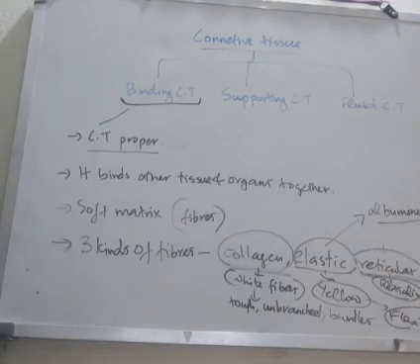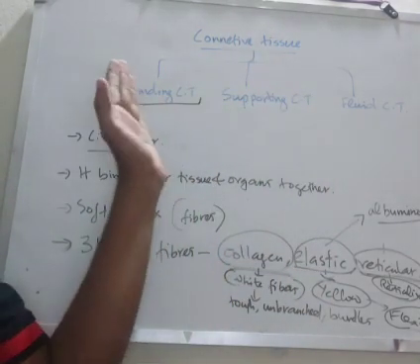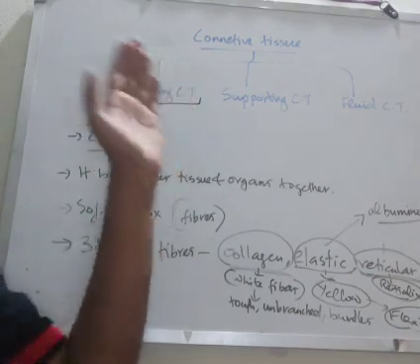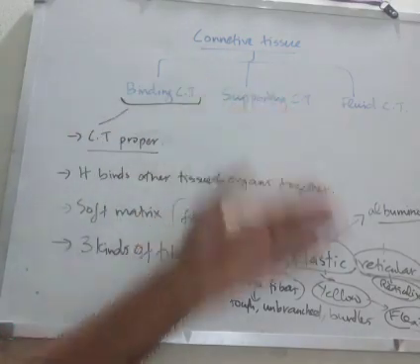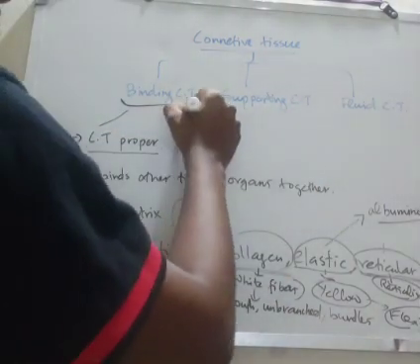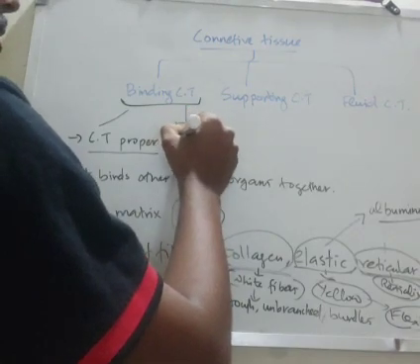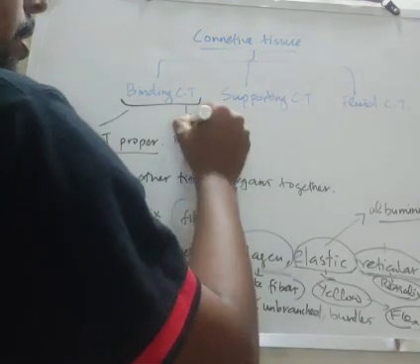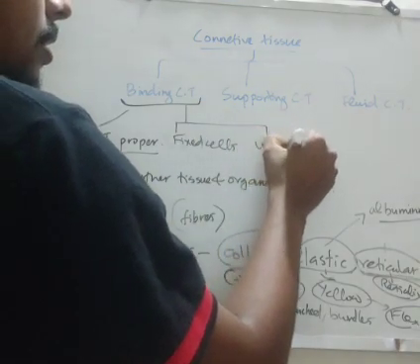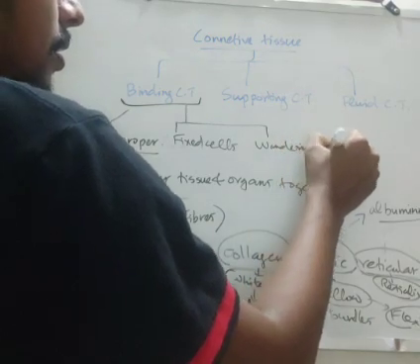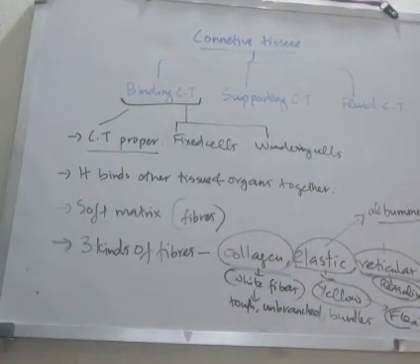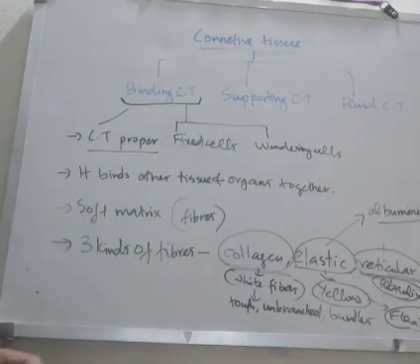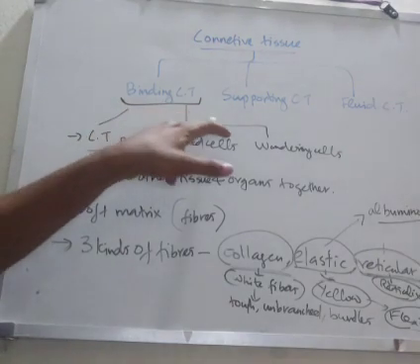So now we are discussing the cells of binding connective tissue. This binding connective tissue contains two types of cells: fixed cells and wandering cells.